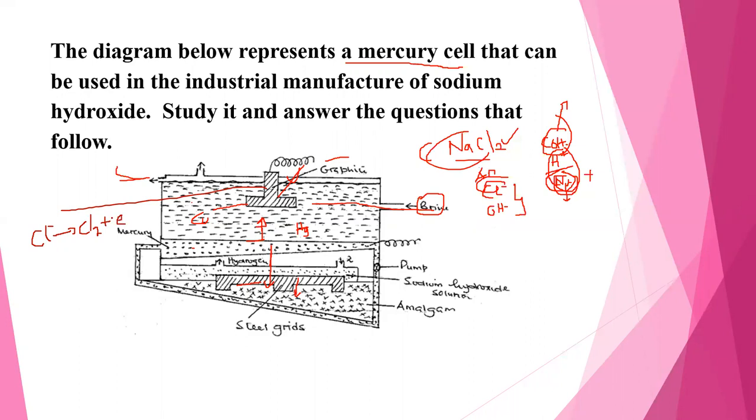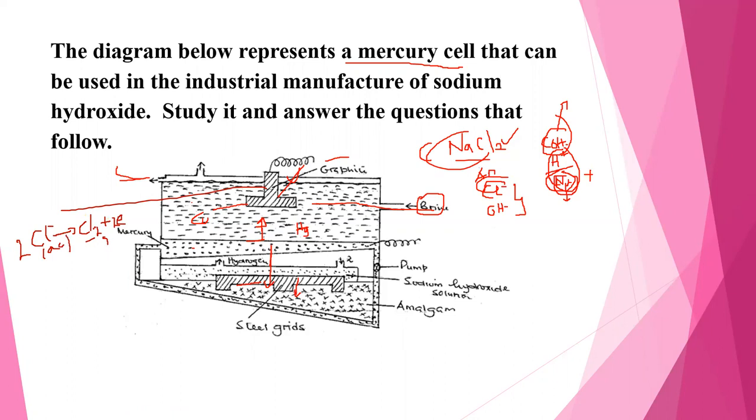So we have two here. You will realize that this is oxidation of negative and this is zero. So the chloride has been oxidized to chlorine. This is a gas, this is aqueous.